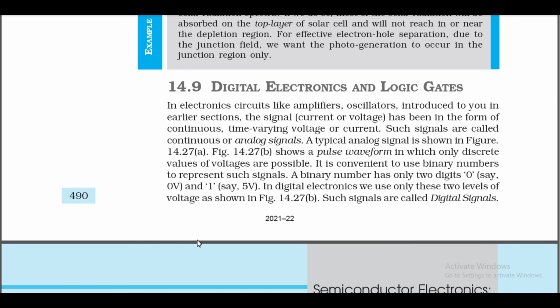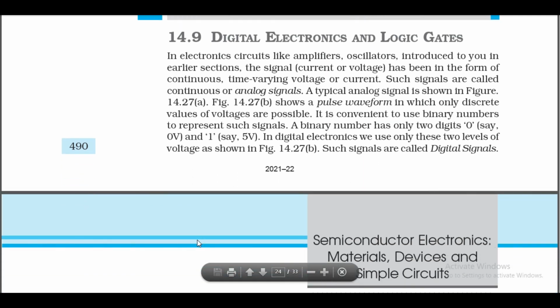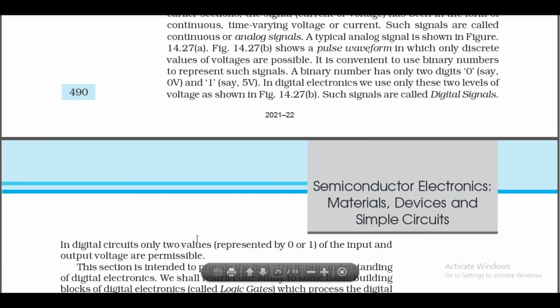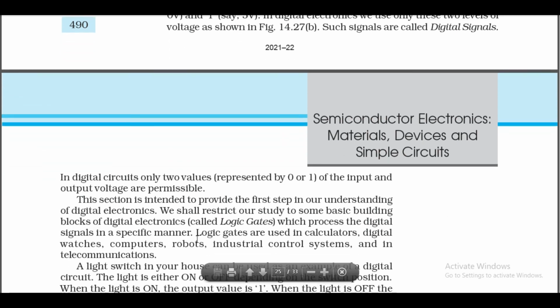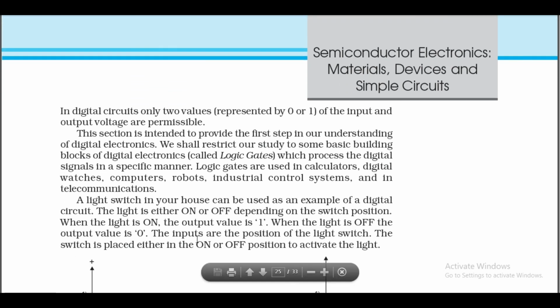In digital electronics, we use only these two levels of voltage as shown in figure 14.27b. Such signals are called digital signals. In digital circuits, only two values, represented by 0 or 1, of the input and output voltage are permissible.